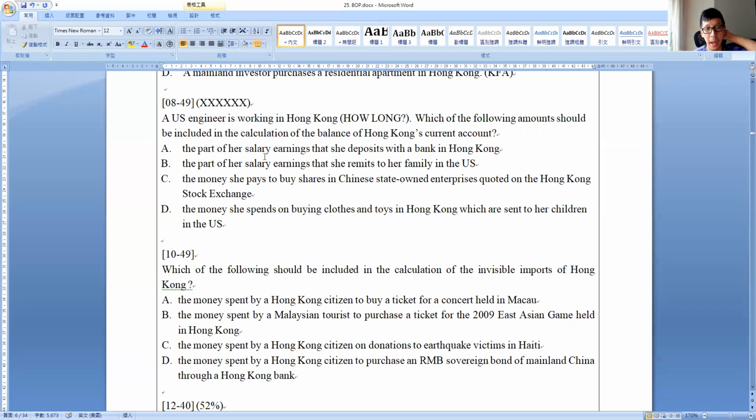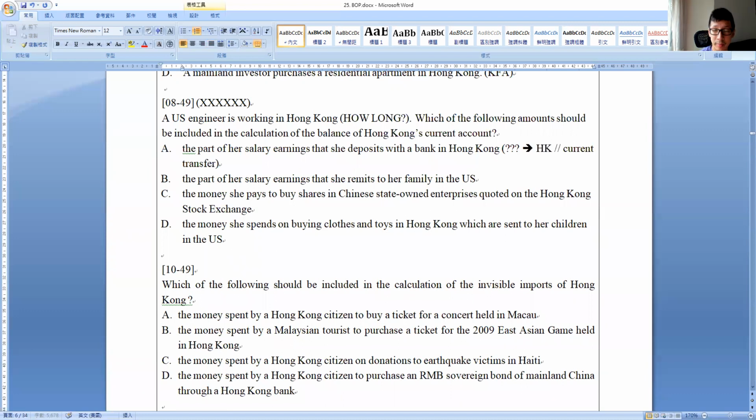好啦，the part of earning deposit with a bank in Hong Kong, it would be for whatever reason, right? An unknown sending money to Hong Kong. Okay, deposit，係嘛？There will be no production, current transfer. Unfortunately, we do not know who.